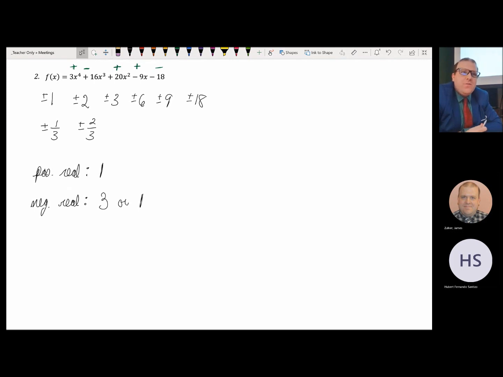If we account for multiplicities, how many zeros are we going to have? If it occurs more than once, say x minus 3 squared is a factor, then 3 would be a zero of multiplicity 2.